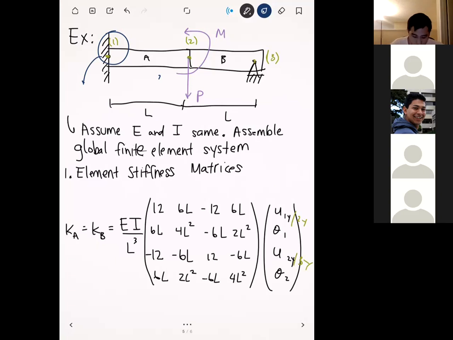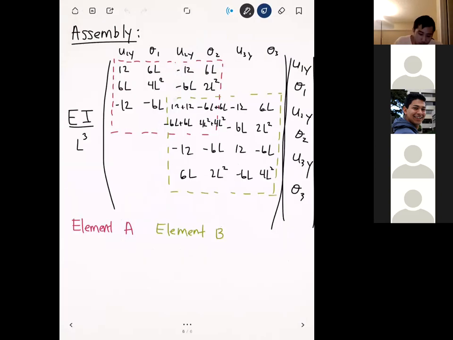Here, we have a fixed constraint, and so what that tells us is that all the aspects of displacement are going to be 0 here. For this problem, this tells us that u1y is equal to 0 and theta 1 is equal to 0. Or in other words, we're going to change the rows and columns that correspond to this one. If we go back to our global stiffness system, we see that the two rows that correspond to u1y and theta 1 are the first two.